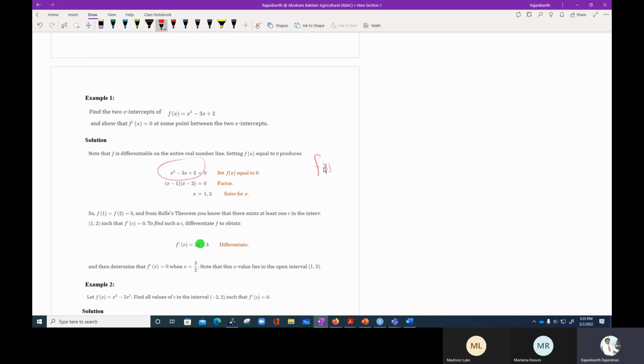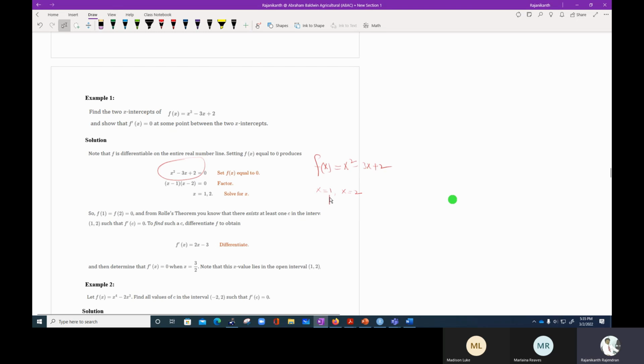My function f(x) is now x cubed minus 2x. Sorry, that's not x cubed. It is x squared, right? The given function is x squared minus 3x plus 2. Now I found two intercepts, x is 1 and x is 2.